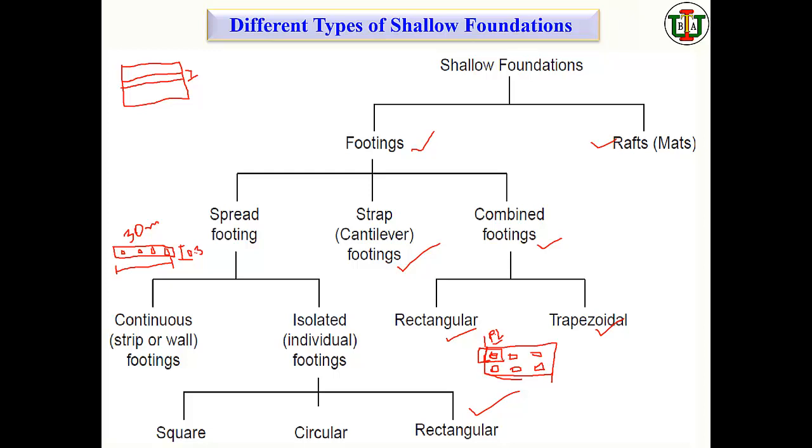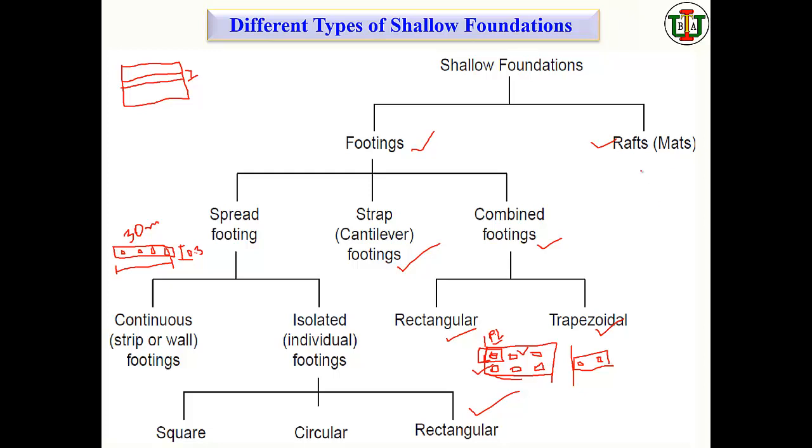So what you do, you try to combine either these two or with this one, and you finally make the design arrangement for this. So maybe you can consider the footing is like this, one column here, another column here, so you are inside the property line. This kind of shape can be rectangular and trapezoidal also.